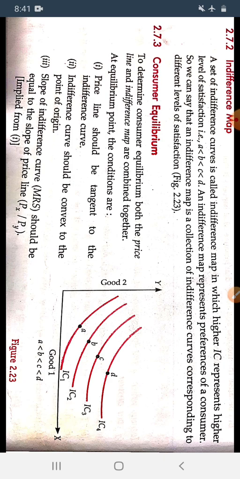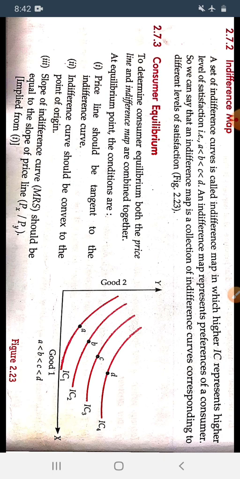We have taken three conditions: the price line should be tangent to the indifference curve, the indifference curve should be convex to the origin, and the marginal rate of substitution, which is the slope of the indifference curve, should be equal to the slope of the price line, that is Px upon Py.